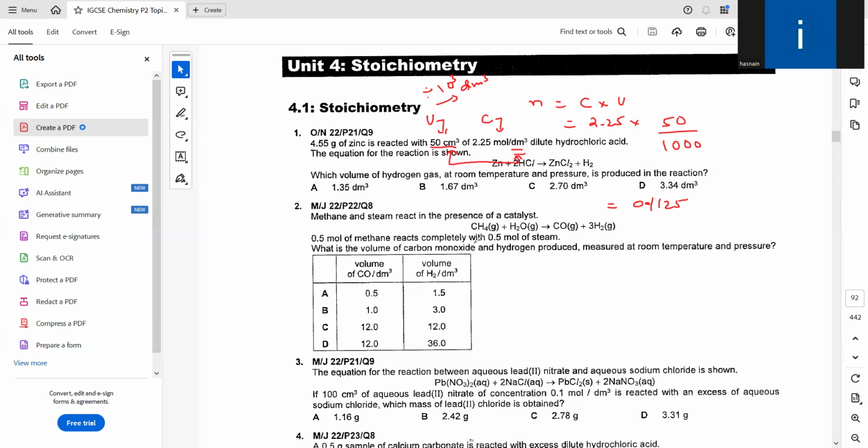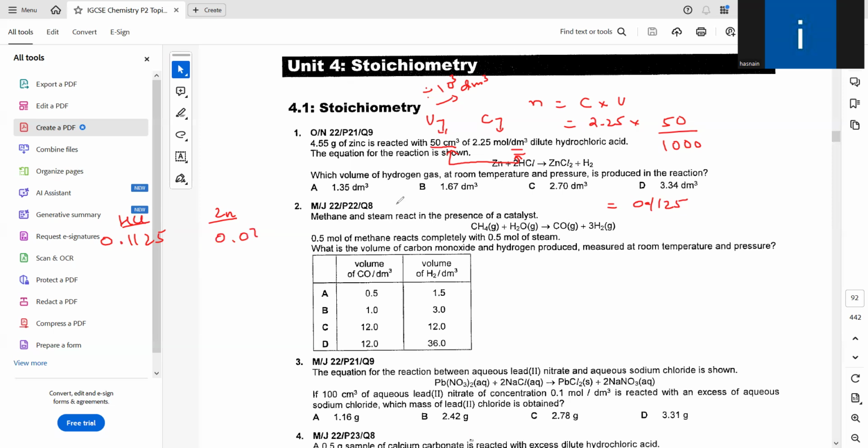Okay, that's fine. Now, that is the moles. Let's write it here: 0.1125 is the moles for HCl. And we calculated moles for zinc at around 0.07, right? Now there is a very important thing.